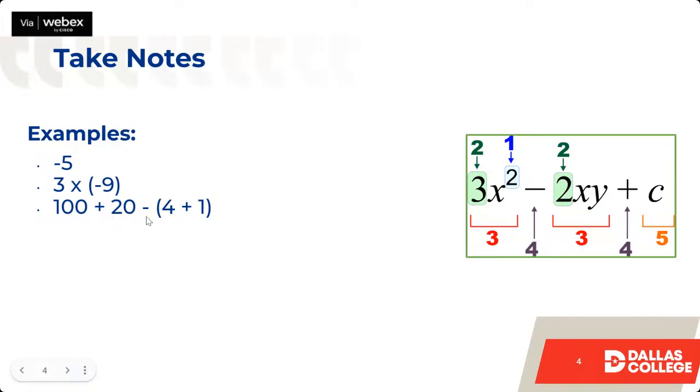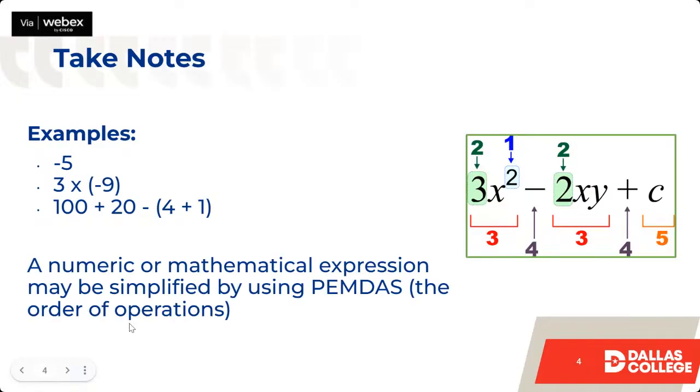Santiago read 100 plus 20, negative 4 plus 1, which could also be read as 100 plus 20 minus 4 plus 1. Negative and minus are the same thing. They are synonymous. It's like saying a cookie and a chocolate chip cookie. It's still a cookie. Same thing, synonymous. Very good. Thank you so much for the volunteers who read the screen.